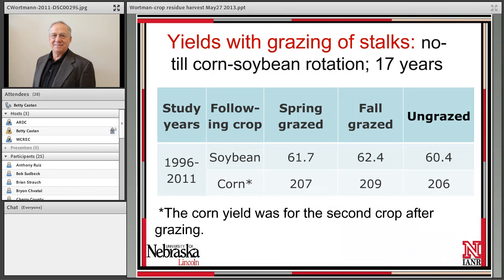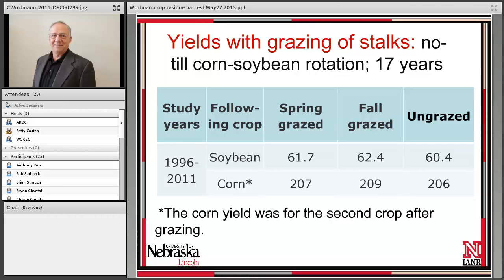This is the study that Aaron or Jim referred to this morning. Again, it's a no-till situation, grazing on no-till. And it continued for 17 years. And what we see for the soybean yield, soybean being a crop that followed the grazed corn, very little effect on yield and certainly no yield loss due to grazing.